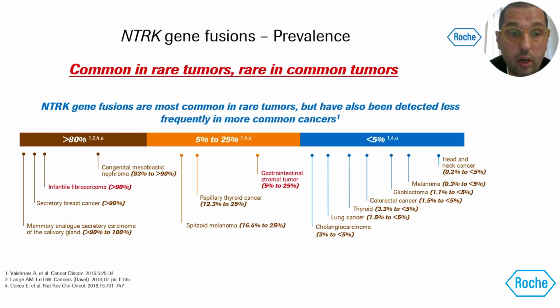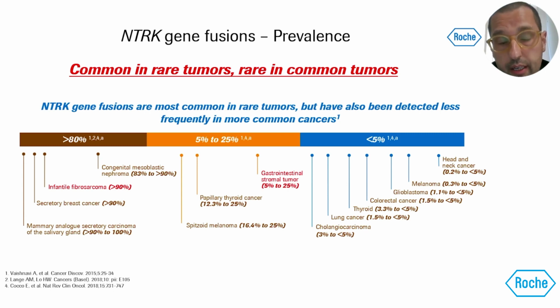As you can see on the image, they are very common in uncommon cancers, among which some are also soft tissue tumors like infantile fibrosarcoma, which harbors NTRK gene fusion in more than 90% of cases. In similar fashion, secretory breast cancer and so-called MASC frequently harbor NTRK gene fusions. Congenital mesoblastic nephroma also has a high frequency of NTRK gene fusions, in more than 80% of cases.